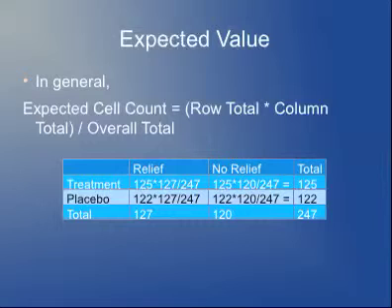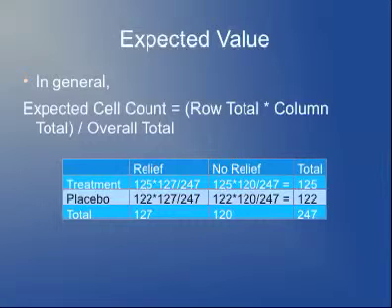Basically, in general, the expected cell count is just the row total times the column total divided by the overall total. So for treatment and pain relief, you would expect row total 125 times column total 127 divided by overall total 247.